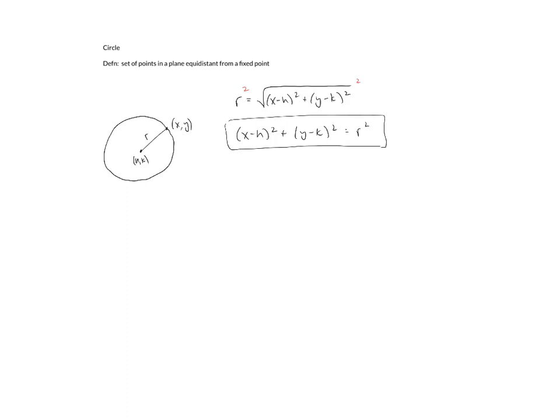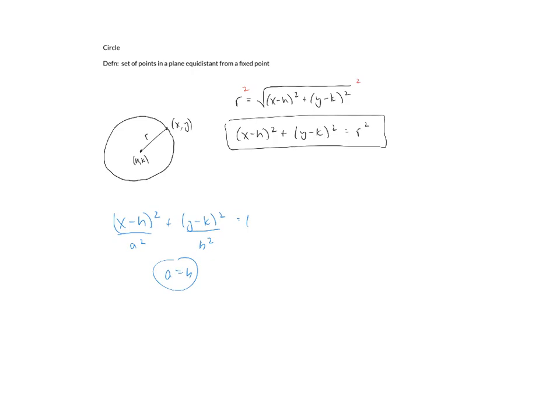Now, again, the circle and the ellipse are very much related. For example here, if I gave you the equation of an ellipse from what we've just studied, and my a happens to equal b, then if you remember from graphing the ellipse, we would count left and right the same number of units that we would count up and down. Well, by constructing a shape that way, you end up with the circle.